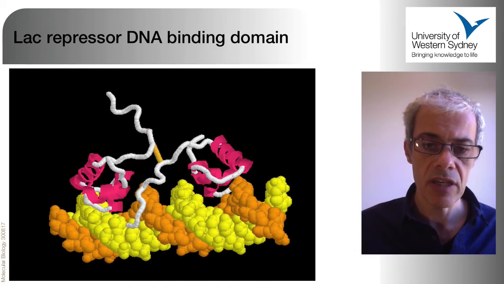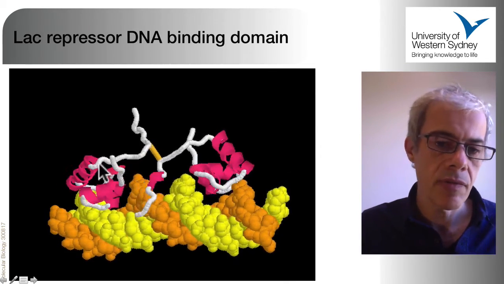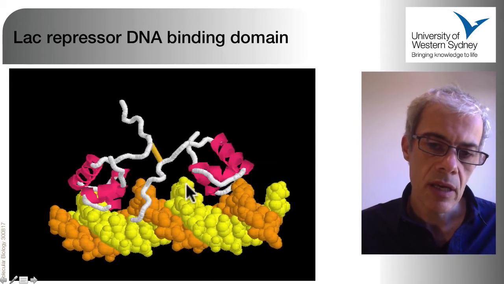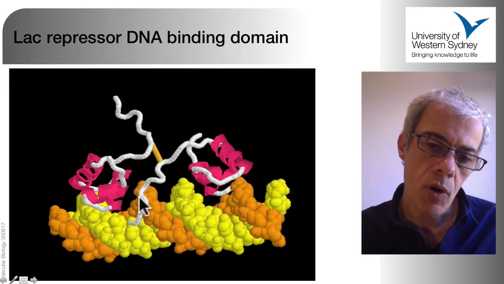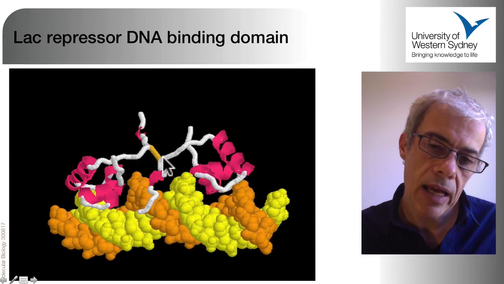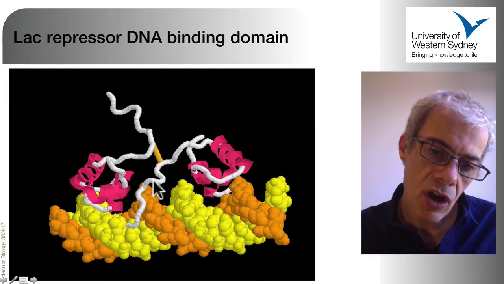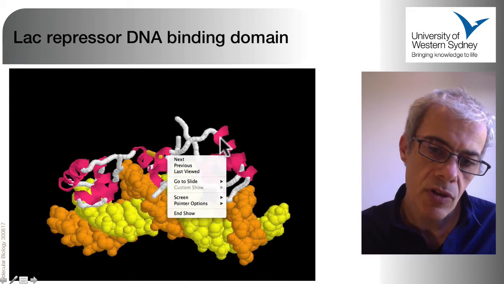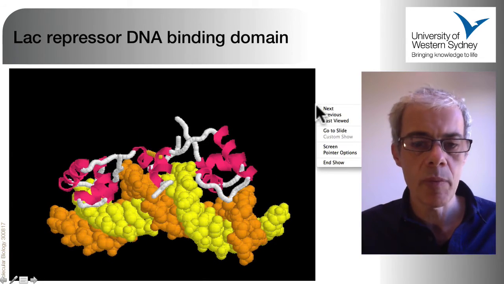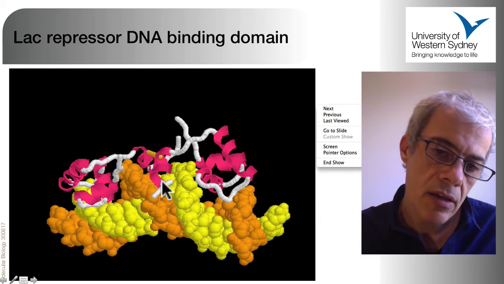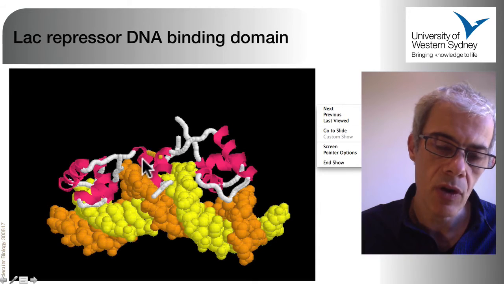So there's a little animation here. Here's our helix turn helix motif of each of the proteins, and here is that hinge region, and upon binding the allolactose, it changes so that this unstructured region becomes structured. In this form here, you can see that the hinge region forms this alpha helix, and the same with the other copy here.